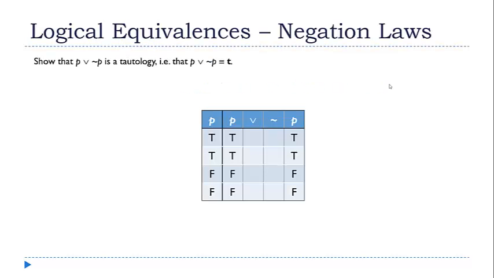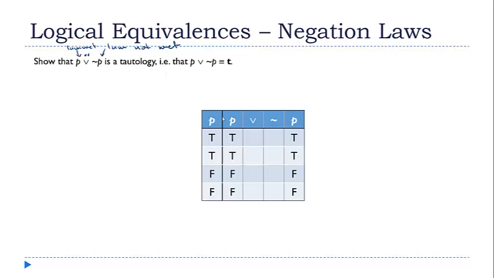So that would be an English example of a tautology. So let's look at this negation law. And this is actually the statement that I just did in English, converted into a logical statement. This would have been, I am wet, or, and this is the negation, I am not wet. And we want to show that this is, in fact, in logical terms, a tautology.